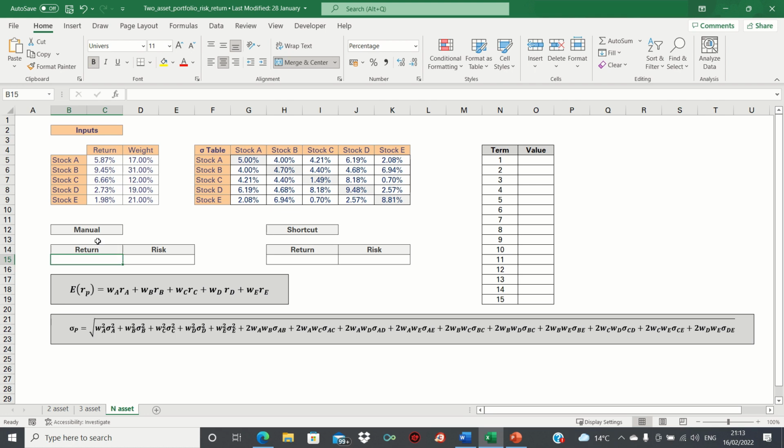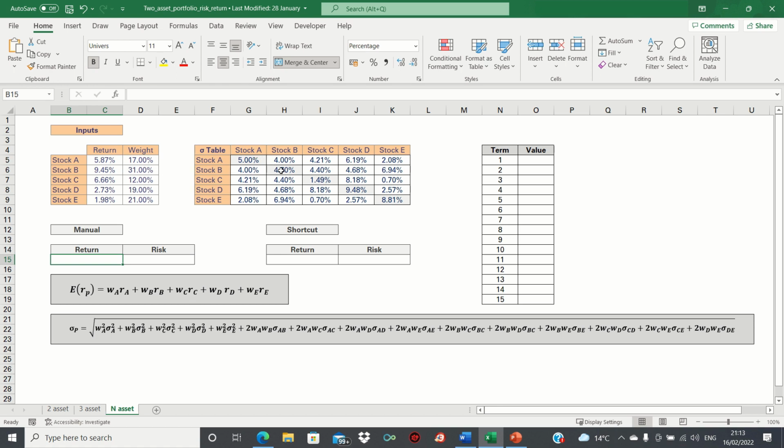In our example, our portfolio consists of 5 stocks where each has their own expected return as well as the proportion of our money that we're investing in each stock, in other words, the weight. On the other side, we have the variance covariance matrix for the stocks in our portfolio.